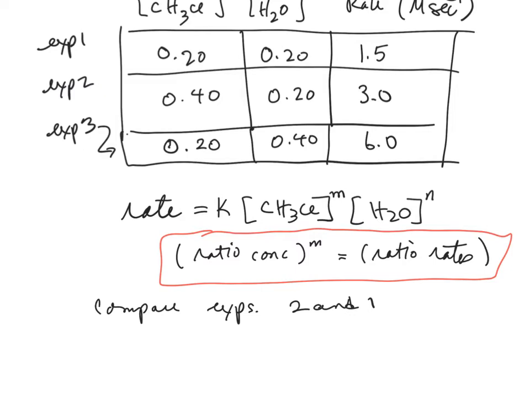And you can look at the concentration of the chloromethane in experiment 2. You're going to divide that by the concentration for experiment 1, and then that'll be raised to the power m, and then you take the ratio of the rates as well. So it'll be 3 divided by 1.5.